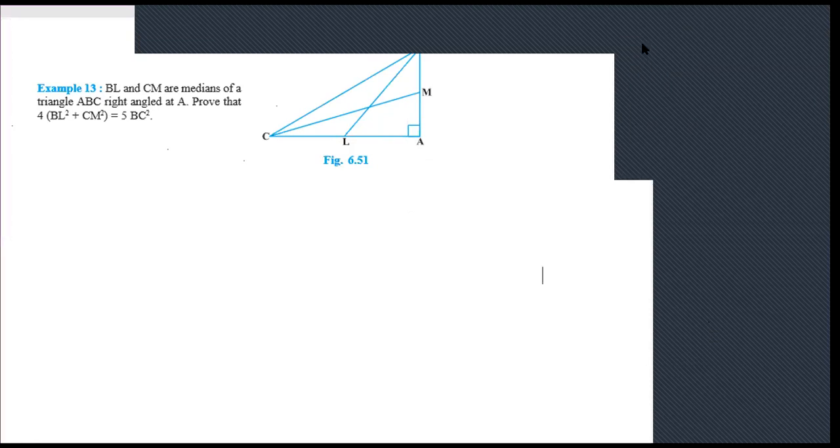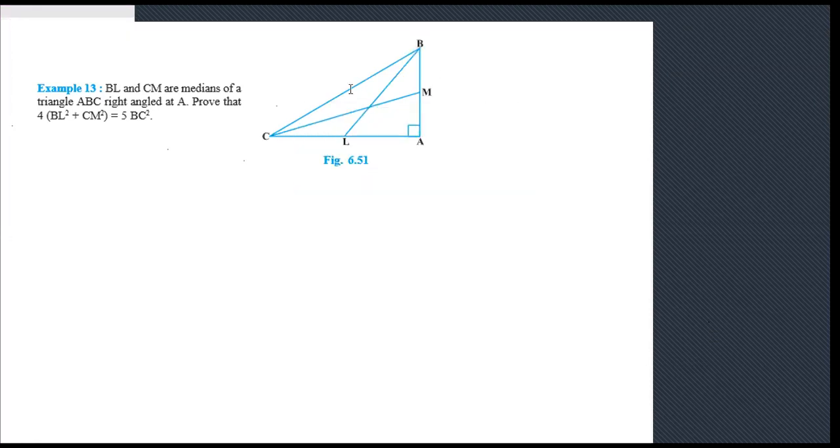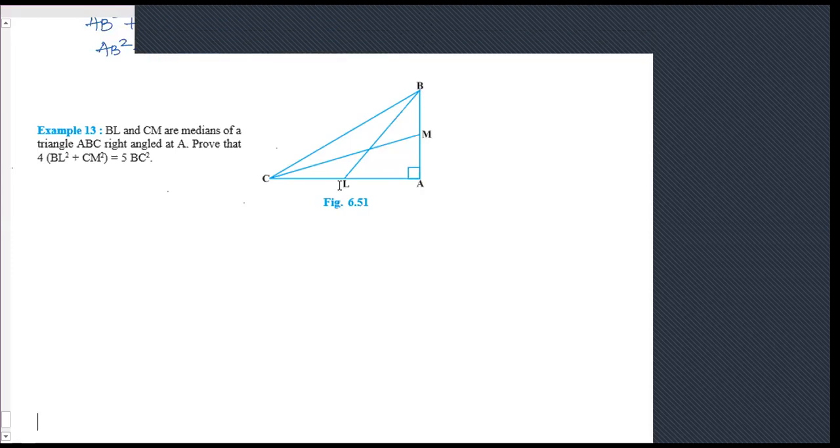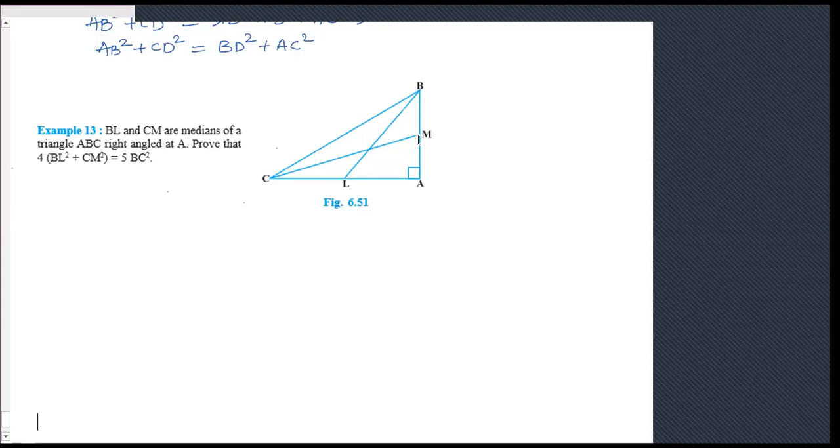Triangle BAC, fine. Triangle BAL, okay, and triangle MAC. So there are 3 triangles formed. So our first thing is to apply the Pythagoras theorem for those 3 triangles.